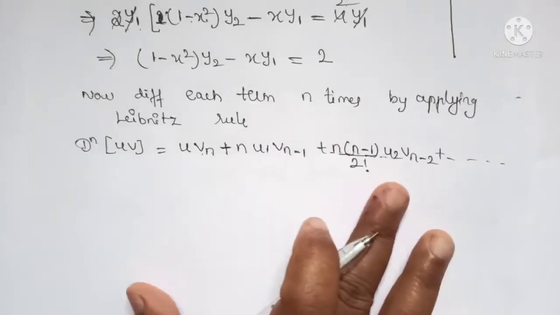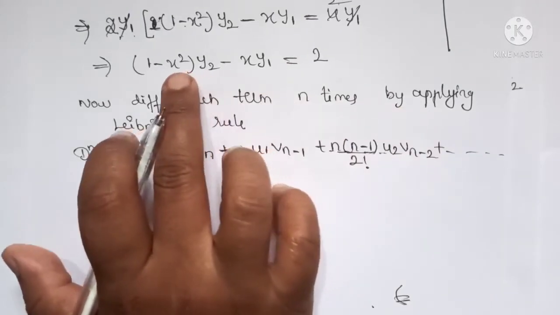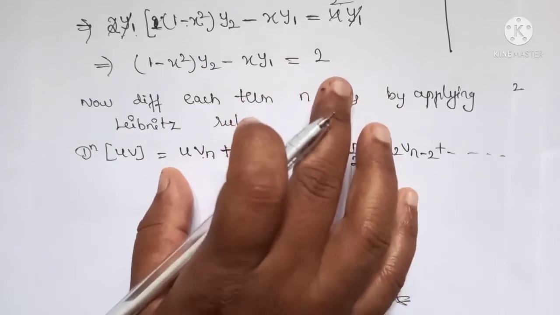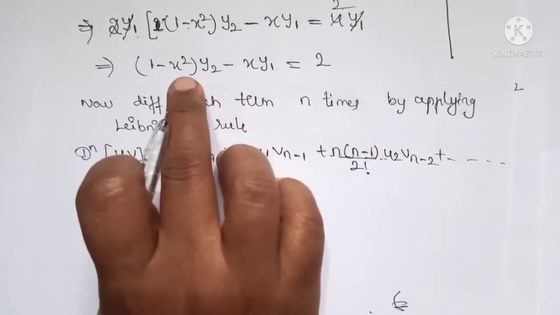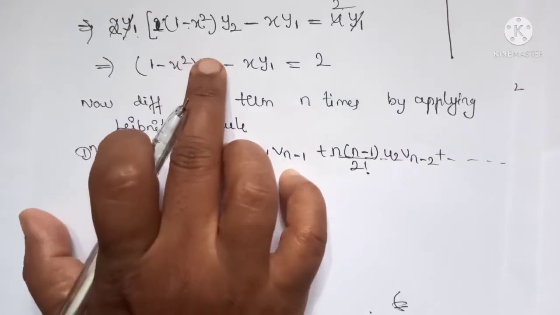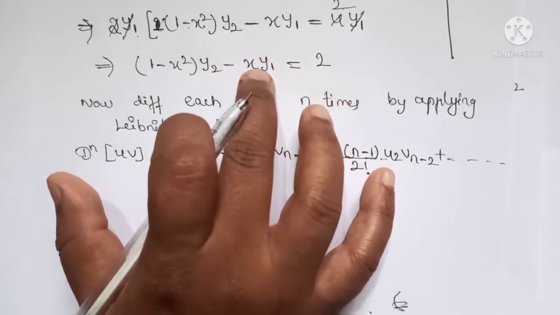So like this we have to differentiate each term by Leibniz theorem. So remember that it contains two terms which are in the uv form, so therefore we apply Leibniz theorem first for this term, then apply Leibniz theorem for this term.